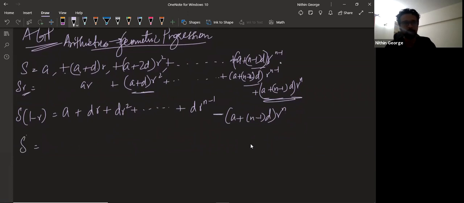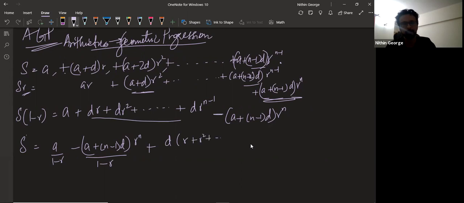So S, I'll write it as a by 1 minus r, minus a plus n minus 1d into r power n divided by 1 minus r, plus these terms, that is d into r plus r square all the way up till r power n minus 1, divided by 1 minus r. What does this sum come up to? I'll take r common outside, so it becomes 1 plus r square up till r power n minus 2.